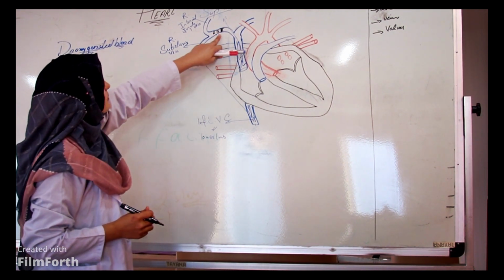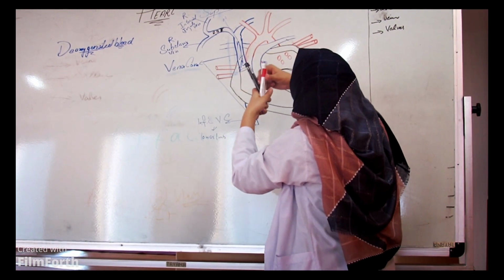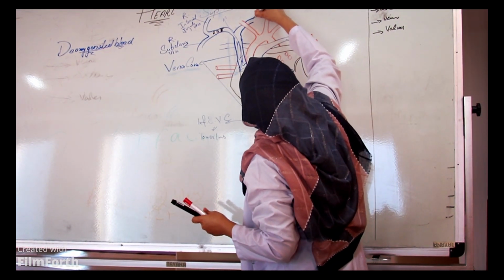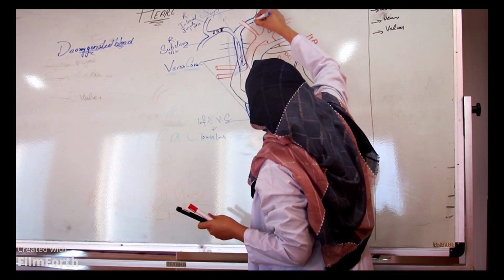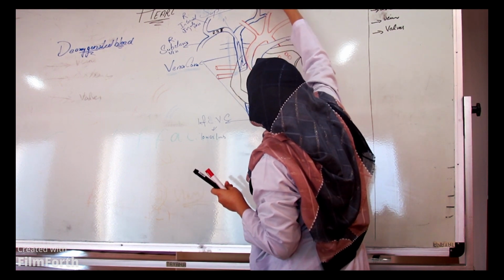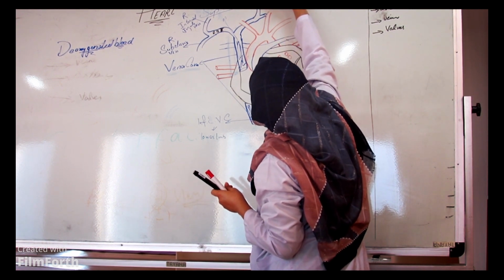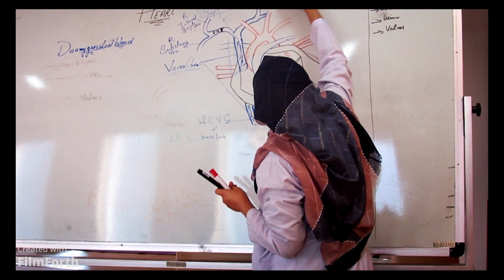Alright, and the same with the left side, how the left brachiocephalic is formed. Here, from the junction of the left internal jugular and the left subclavian. It is the left internal jugular vein and it is the left subclavian vein.